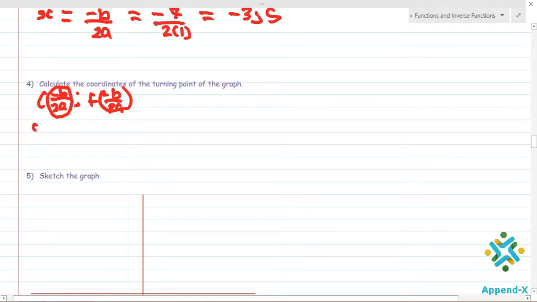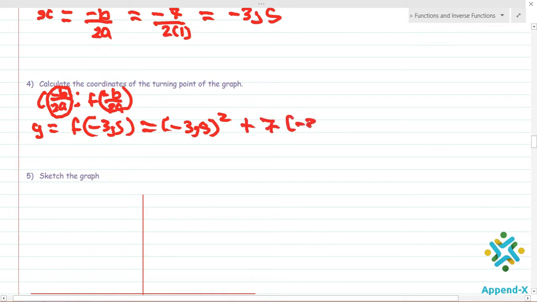Now y is equal to f of negative 3,5, which is equal to negative 3,5 squared plus 7 multiplied by negative 3,5 plus 12.